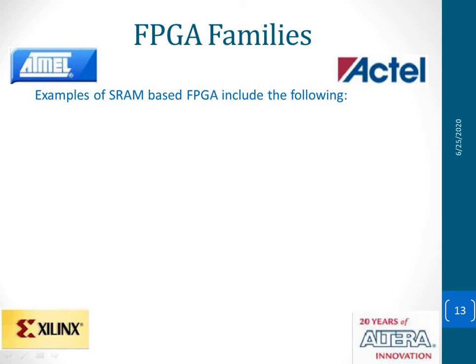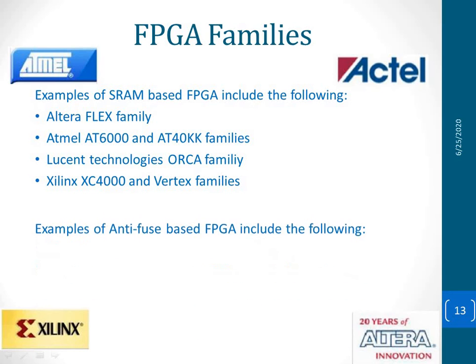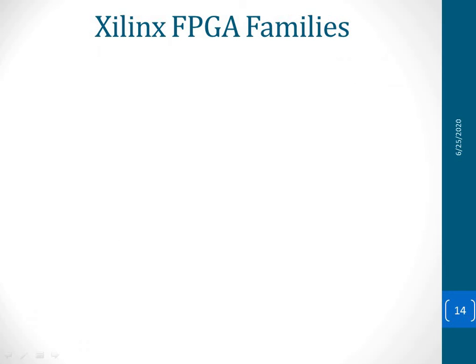Examples of SRAM based FPGA include Altera Flex family, Atmel AT6000 and AT40K families, Lucent Technologies ORCA family, and Xilinx XC4000 and Virtex families. Examples of anti-fuse based FPGA include Actel SX and MX families, QuickLogic pASIC family. There are so many, you can even explore on the internet also. If you search, you will get so many things.